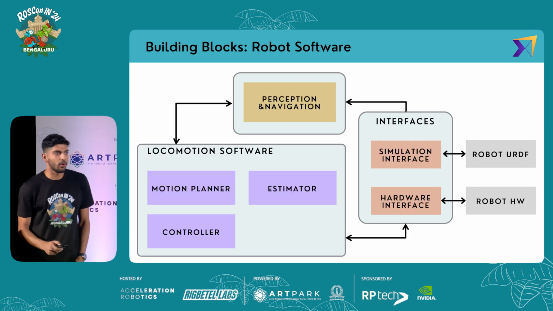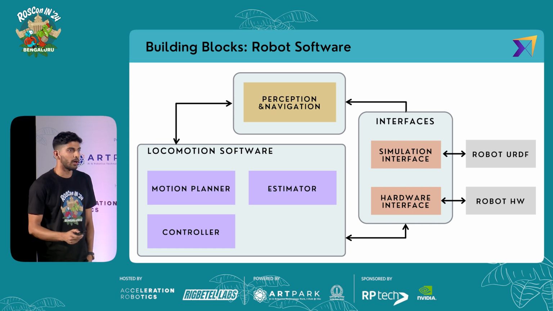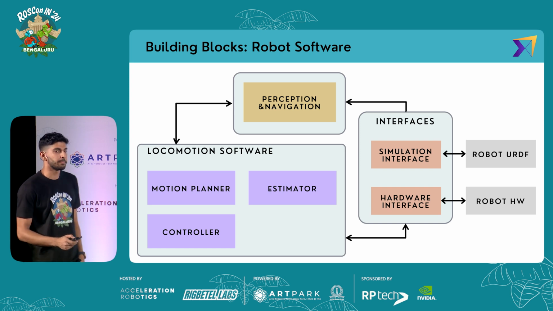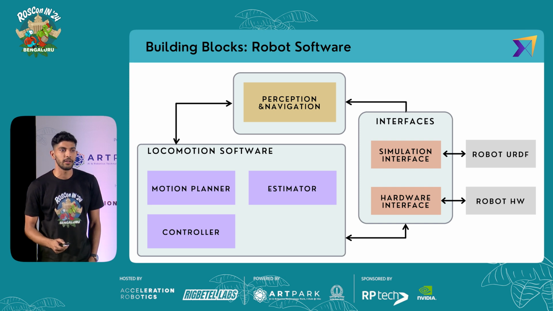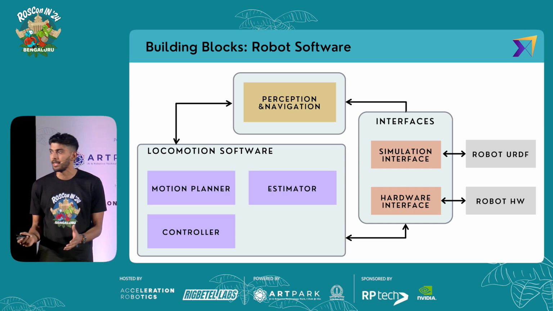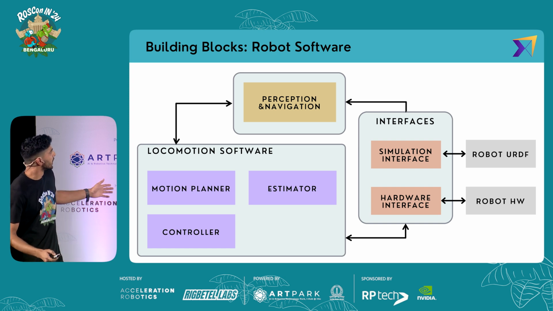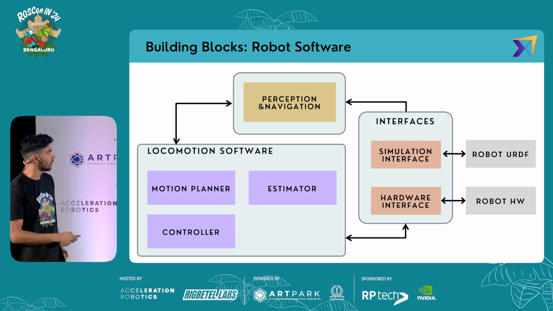Now, a typical robot software architecture for a legged robot would look something like this, primarily for robots that use a model-based software architecture. Model-based here means that you have a model of the dynamics and the kinematics of the robot. The locomotion software consists of the motion planner, the estimator, and the controller.